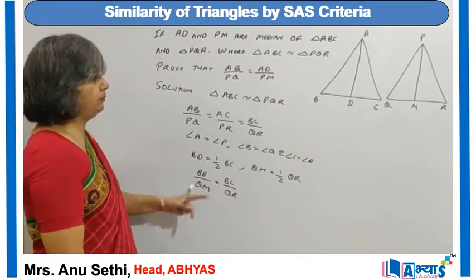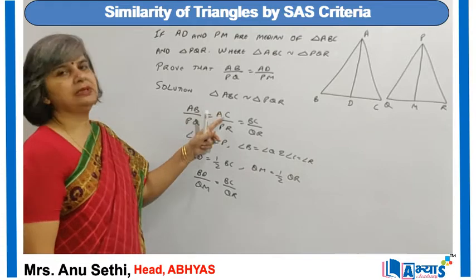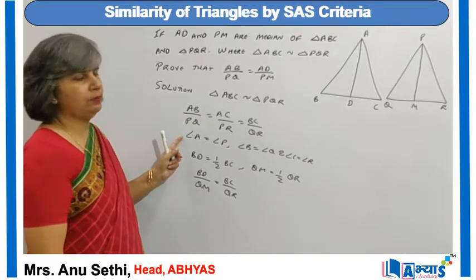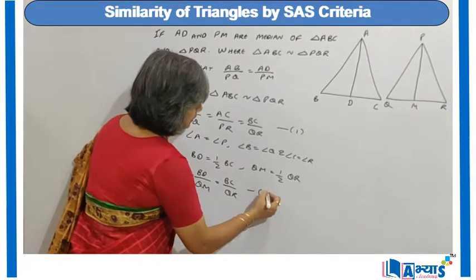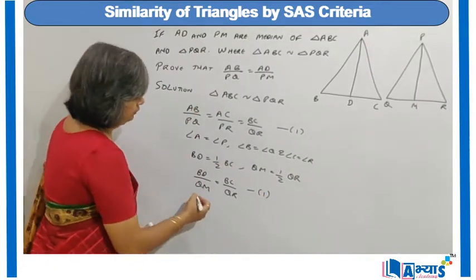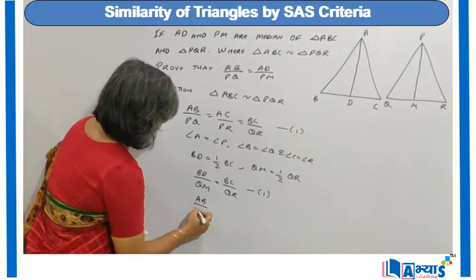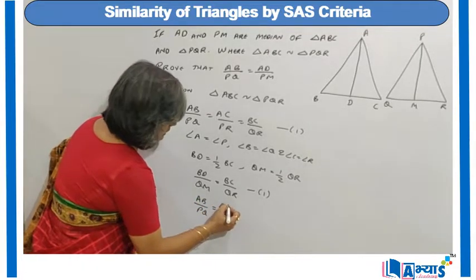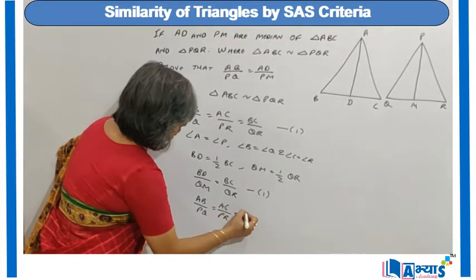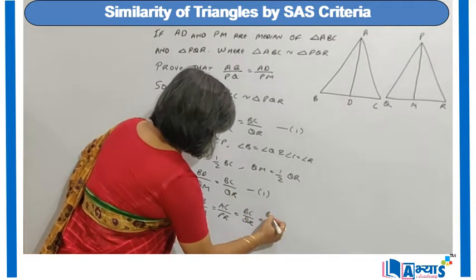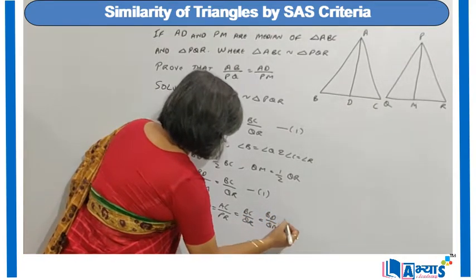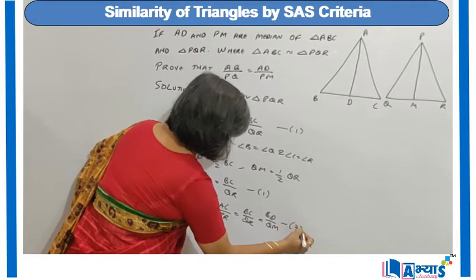But we know that BC upon QR is equal to AC upon PR is equal to AB upon PQ. So, if we take this equation as 1 and this equation as 2, from 1 and 2 we get that AB upon PQ is equal to AC upon PR is equal to BC upon QR is equal to BD upon QM. Let us mark it as equation 3.